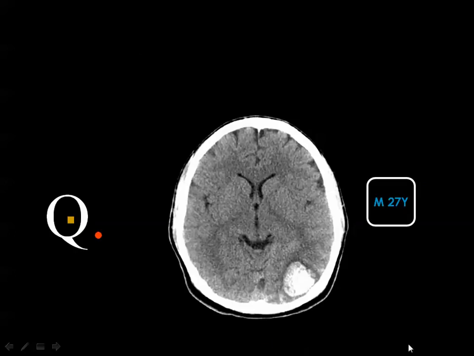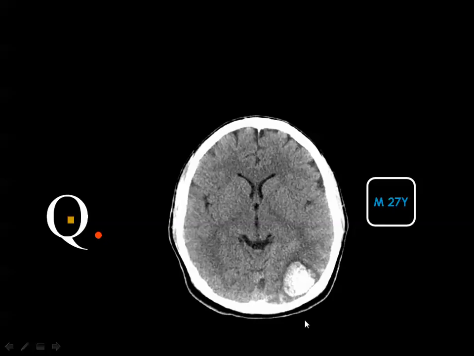This is an axial CT scan of the brain without contrast in a male patient, 27 years old. This is not calcium, this is blood.